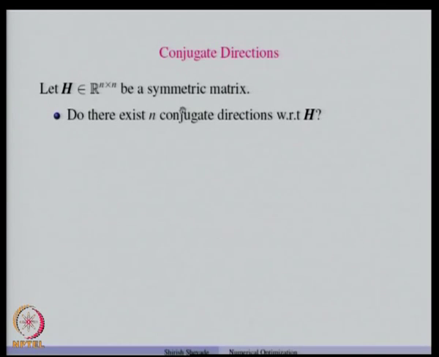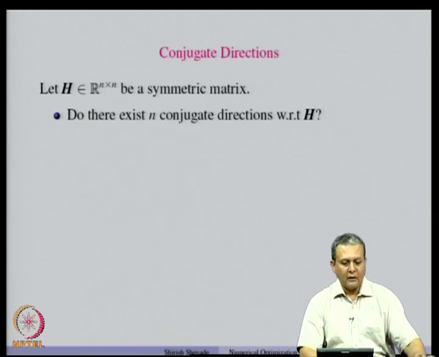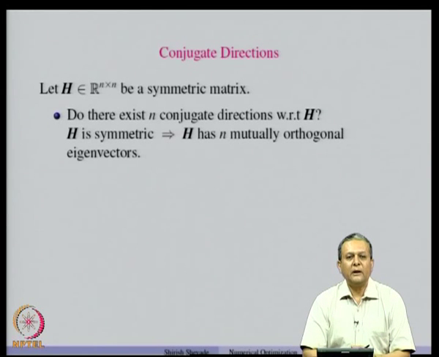So, let us consider a matrix H, which is a symmetric matrix, and the question is: do there exist n conjugate directions with respect to H? Now, we know that H being symmetric means that H has n mutually orthogonal eigenvectors. So, let us take a couple of eigenvectors which are mutually orthogonal.